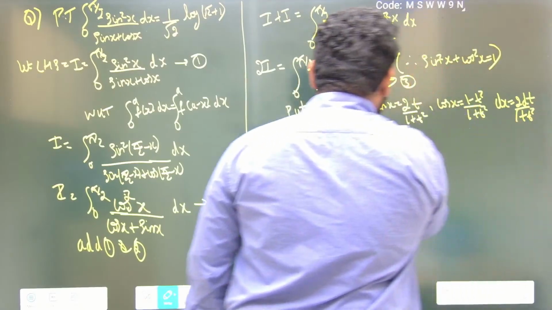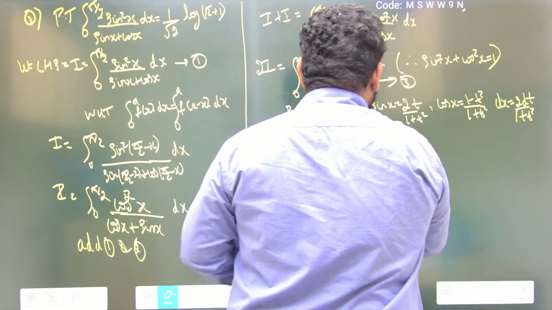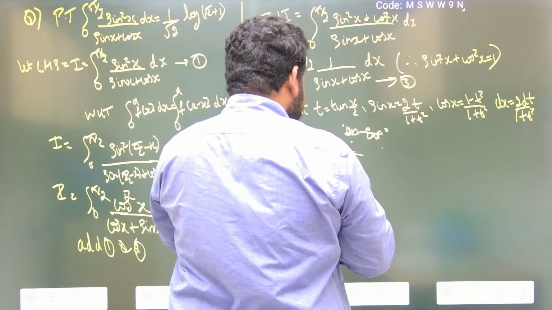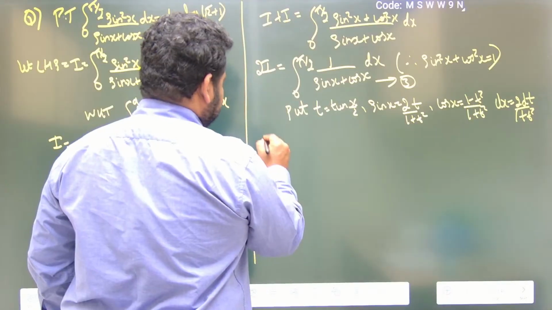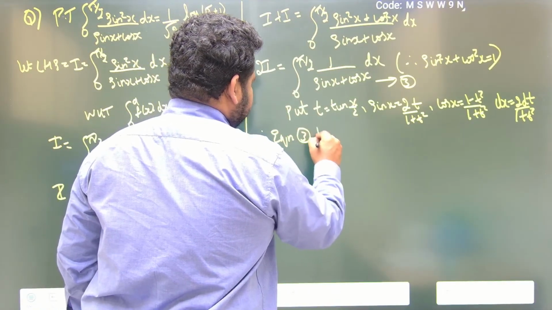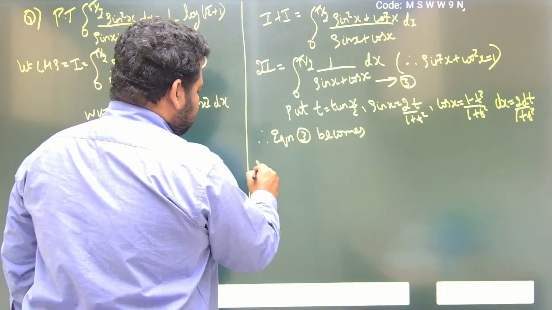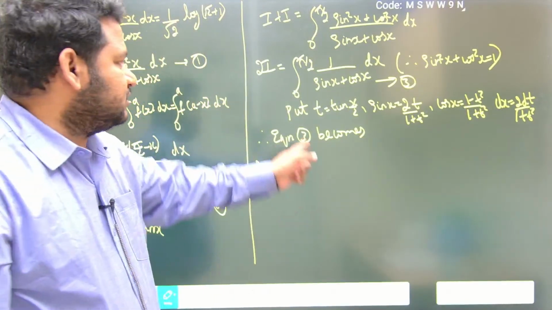Therefore, equation 3 becomes 2I is equal to, and we have to change the limits also, because t is equal to tan x by 2.